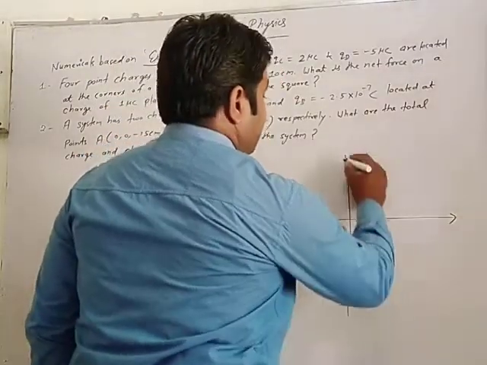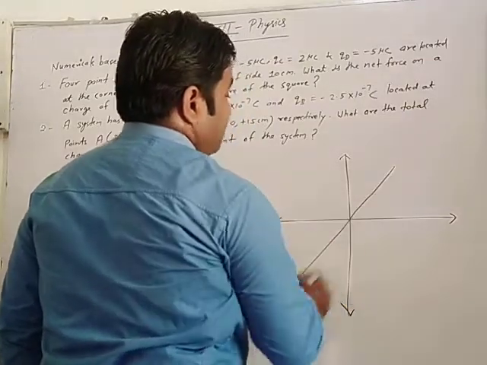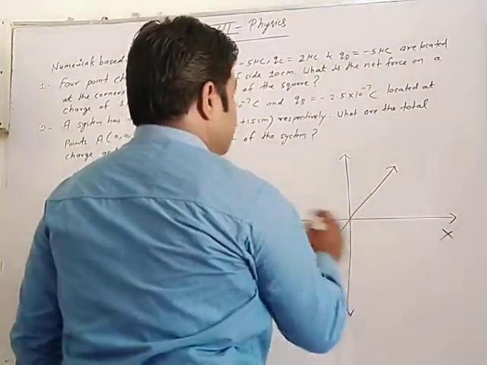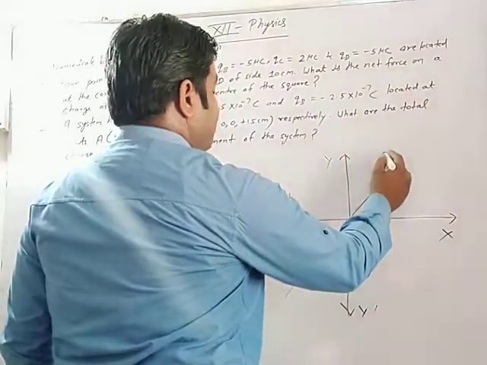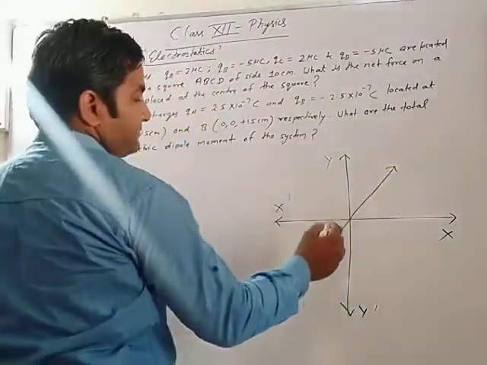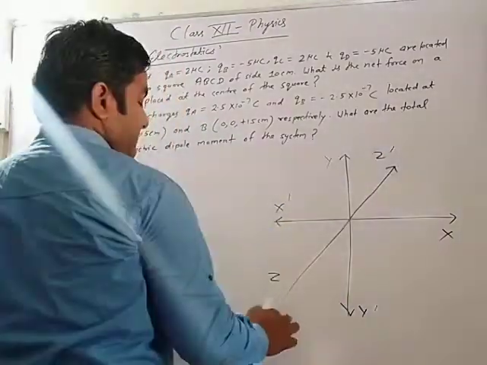Try to understand the condition of location, how the charge is located. This is the x axis, this is the y axis, and this is the z axis, z and z dash.